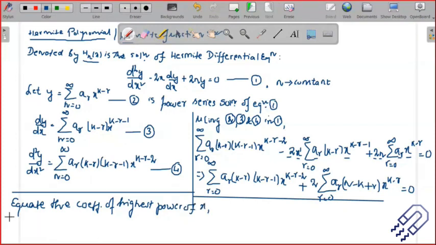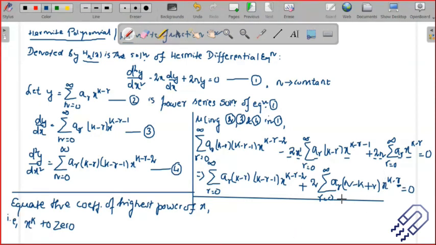What is the highest power of x? That is x to the power k, equated to 0, because on the right-hand side we have got 0, so we have to equate it with that. So if I want x to the power k, I have to put r equals 0. If I put r equals 0, I'll get this x to the power k.